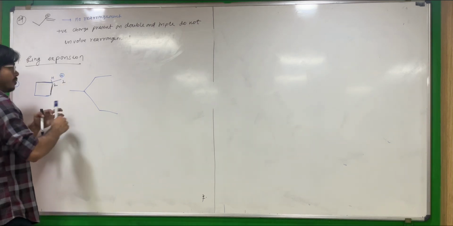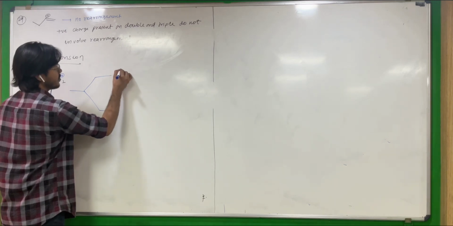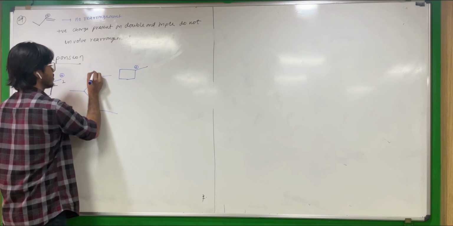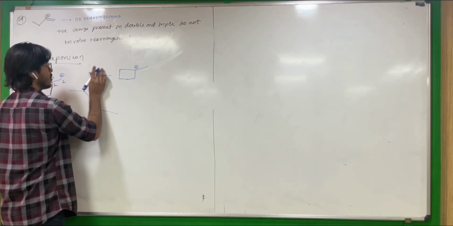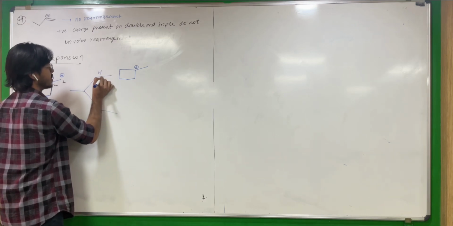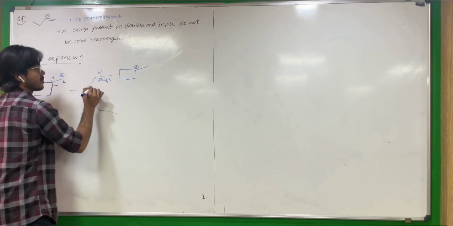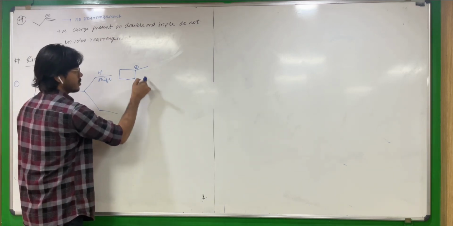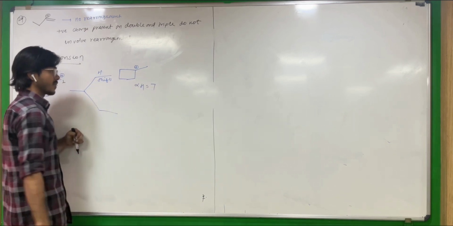Now, if you shift hydrogen, on doing a hydride shift, we will get this thing. So, in this case, alpha hydrogen is equal to 7.